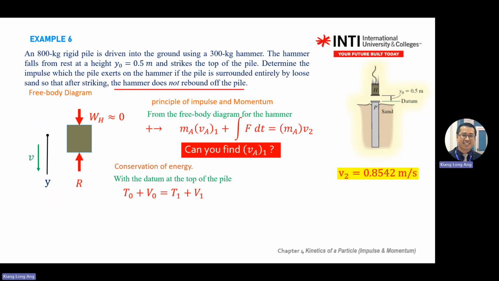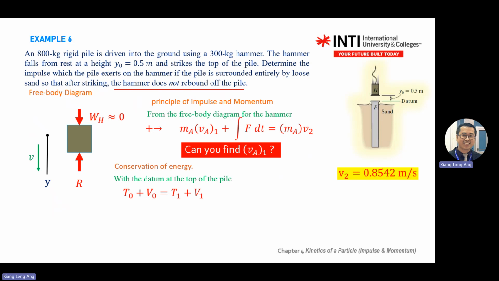Now, most of the time, if you are given a datum, you are dealing with potential energy problems. There are two types of energy involved: potential energy and kinetic energy.